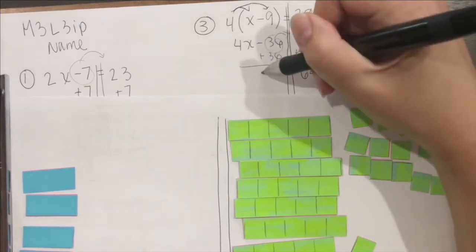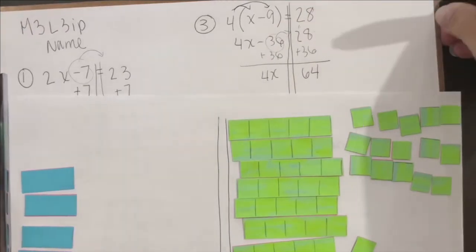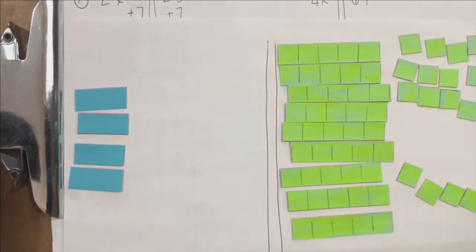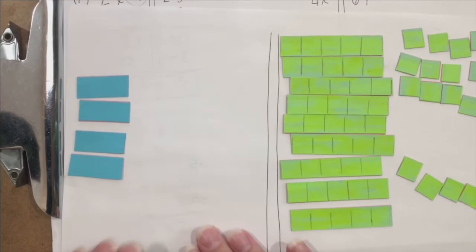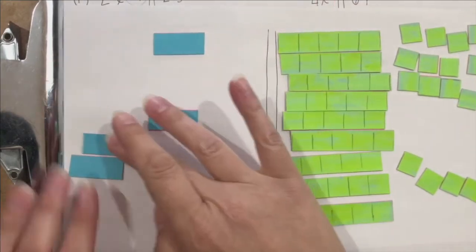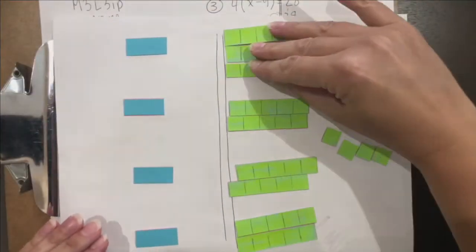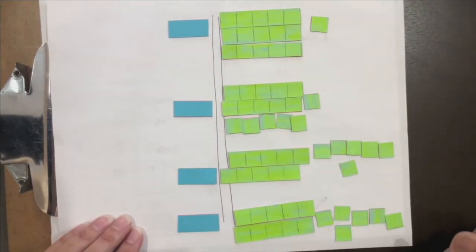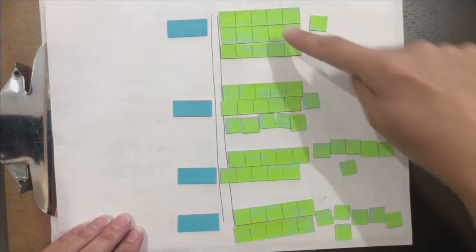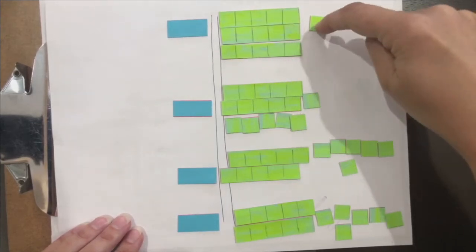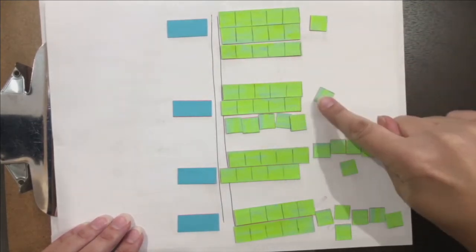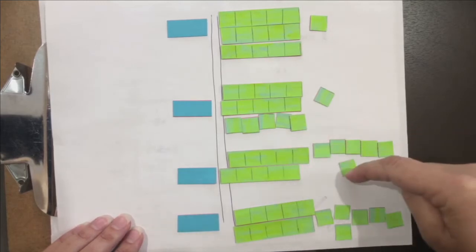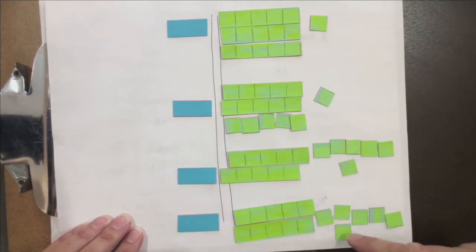So then I have 4x left on that side. Exactly what we see here. So now let's divide it into groups of 4. It might not work out evenly, so we'll see. And that did work out evenly. Very cool. So I have 5, 10, 15, 16 in each group.